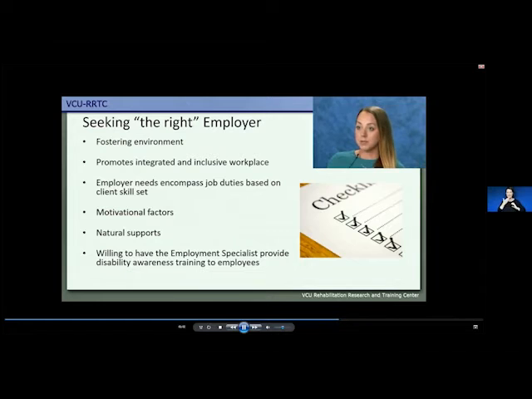Again, going back to the motivational factors, there can be motivation in the different duties the clients have or the employee is experiencing. It can be motivating in the sense of types of people they are working around, and overall just that culture of the workplace.